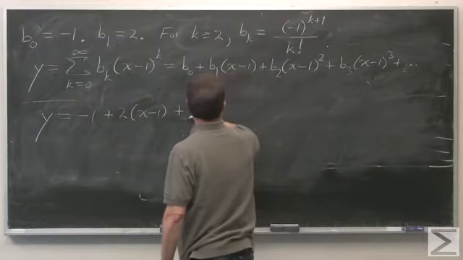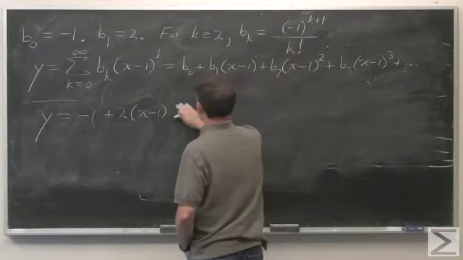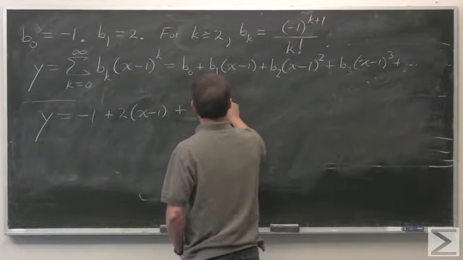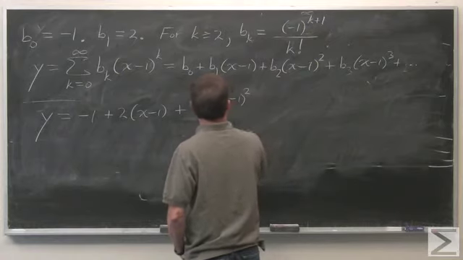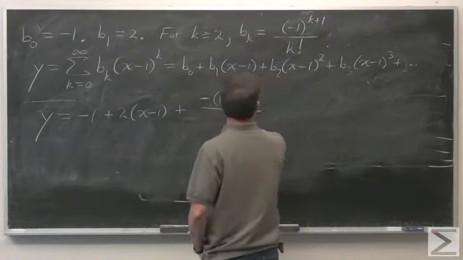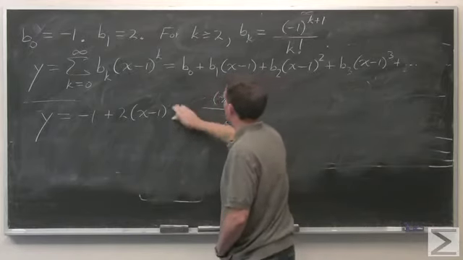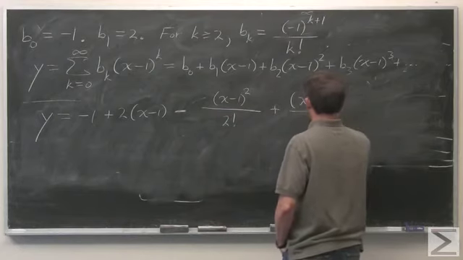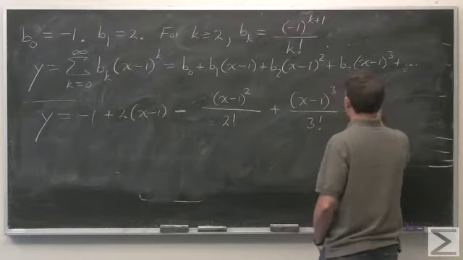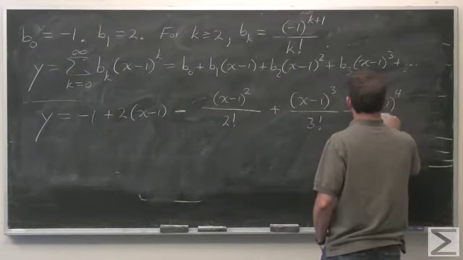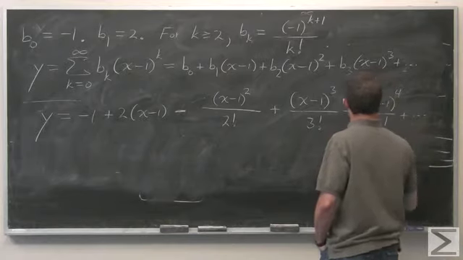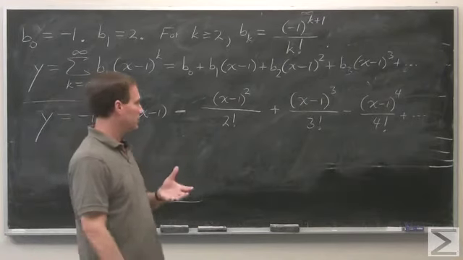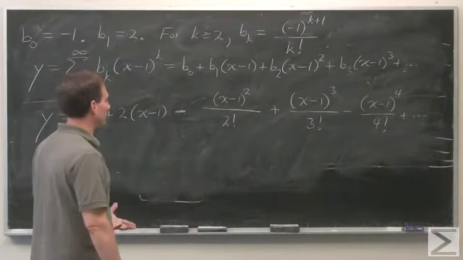When k is 2, you get a minus x minus 1 squared over 2 factorial, and then a plus x minus 1 cubed over 3 factorial, and a minus x minus 1 to the 4th over 4 factorial, and so on. You see the powers of x minus 1 and the matching factorial, and you should think, aha, it's like e to the x, except instead of x, we have x minus 1.